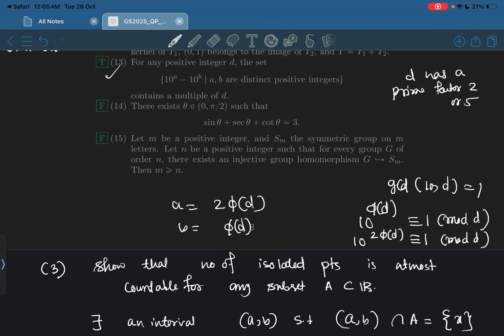Okay. So the question says that M is a positive integer and S_M is the symmetric group of order M. N is a positive integer such that for every group G of order N, there is an injective group homomorphism from G to S_M. Then M is greater or equal to N. Whenever some statement is given to be true for every group of a particular order, always try to think of the cyclic group. Why?